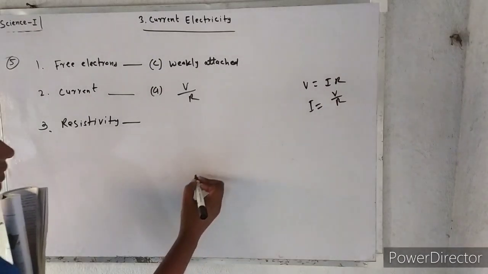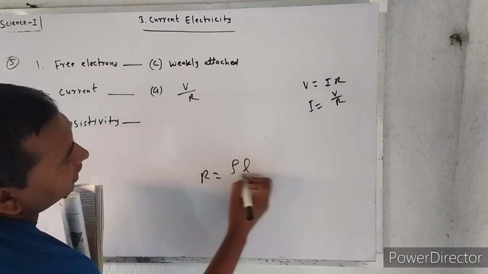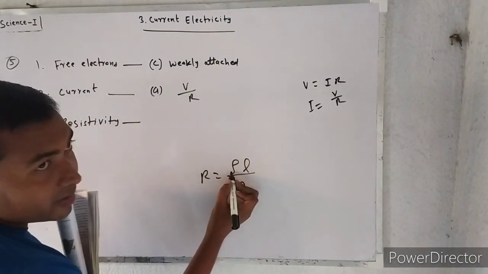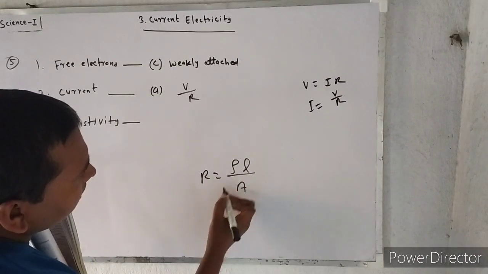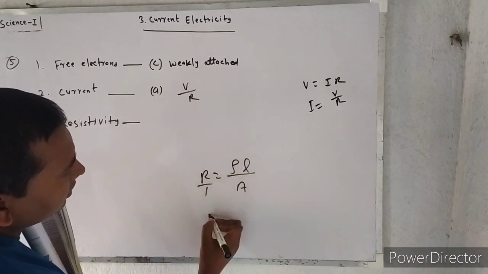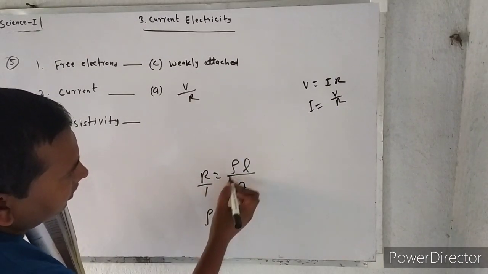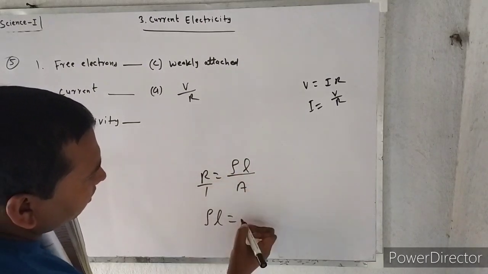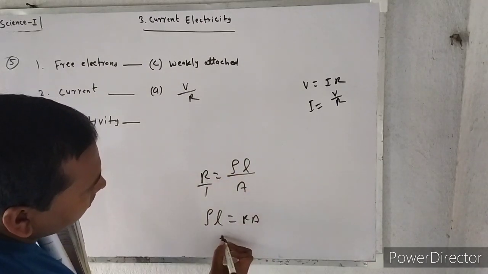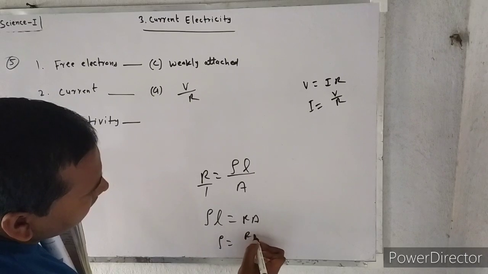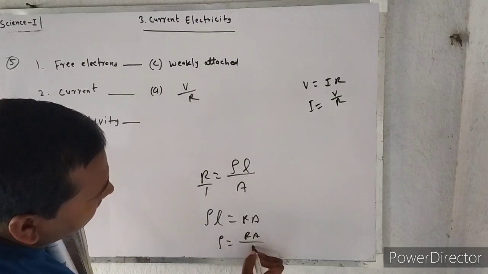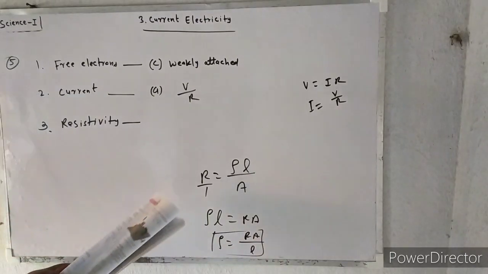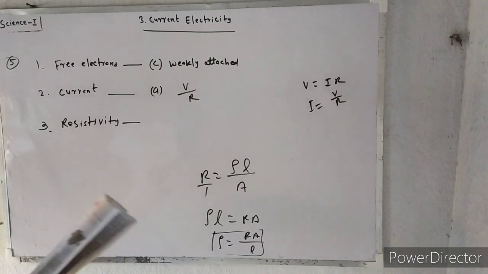We know that R is equal to rho L upon A. Rho is the resistivity. Therefore, cross multiplication: rho L into 1 is equal to rho L, R into A is RA. So rho will be equal to RA upon L.